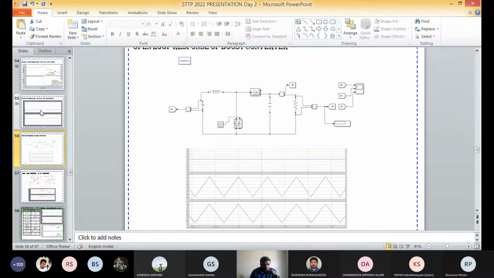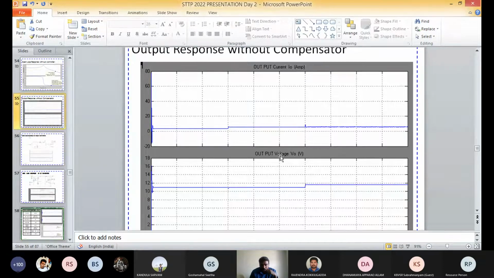From the response of this analysis, we can observe that there is a requirement of the controller, because here we are getting a large steady state error, and we are artificially creating a disturbance at the source side and the load side. What is the requirement of the DC to DC converter? Whatever the condition may be, there may be a change in the input parameter, due to the renewable energy system or the grid connected system, where the load is always varying and depends upon the atmospheric conditions.